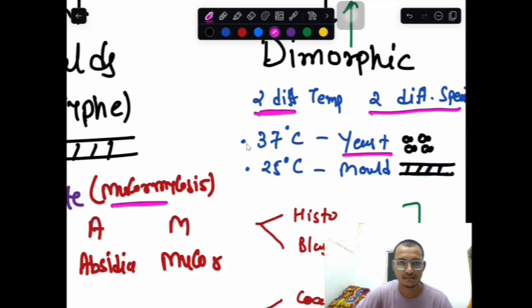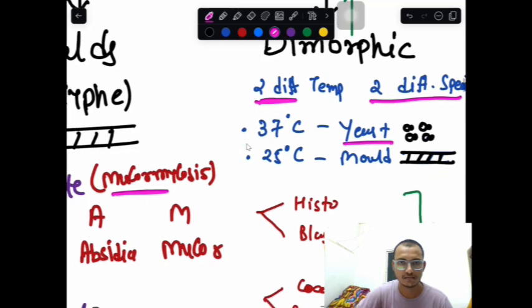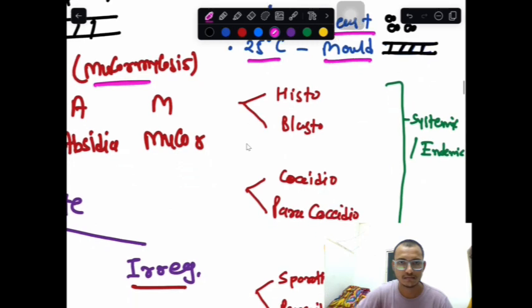At 25 degrees Celsius, which is my room temperature, they look like mold, hyphae. So at room temperature, 25 degrees Celsius, it's hyphae, and at body temperature, 37 degrees Celsius, it's yeast.